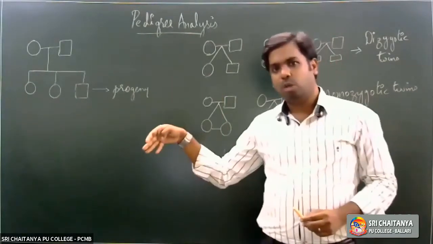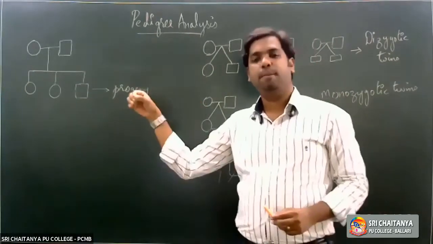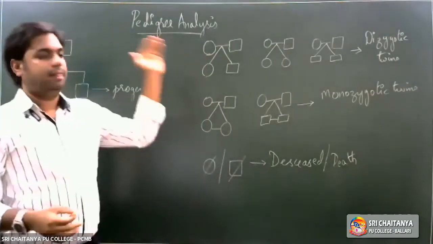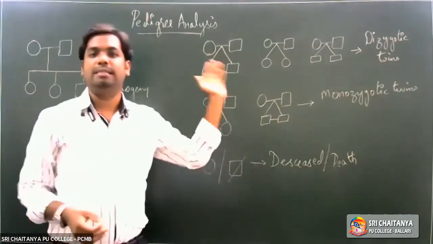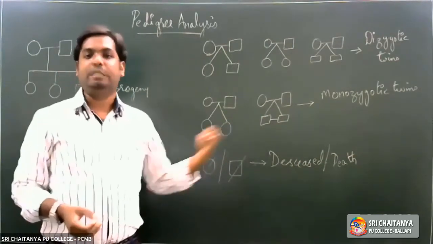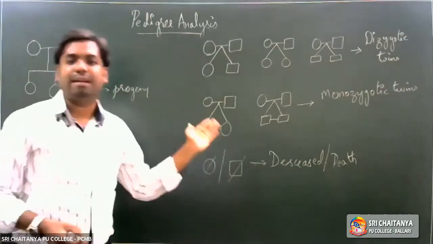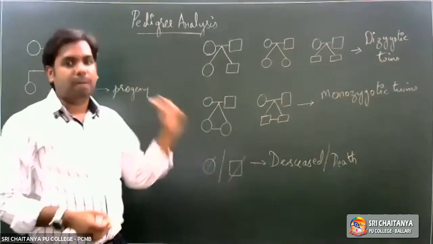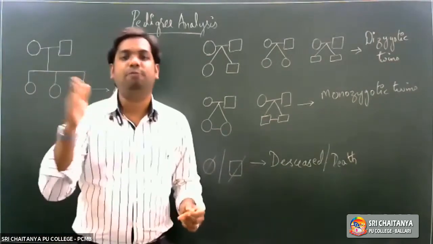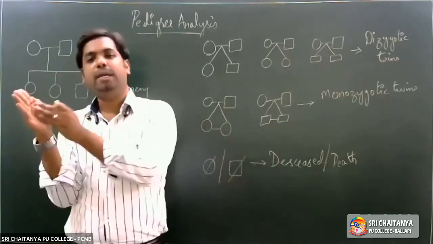The fourth one we saw was, if there is a female and the female is completely shaded, right? We call it a solid circle. If a solid circle is shown, that would indicate that the individual is an affected female. If there is a square which is completely shaded, that would again indicate that the individual is an affected male, right? In some cases, either a circle or a square will be half shaded, half solid, half hollow.